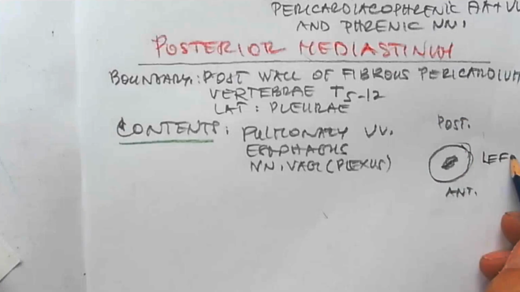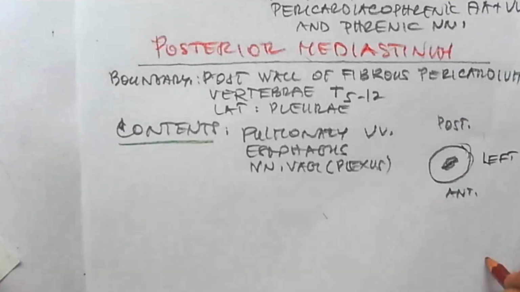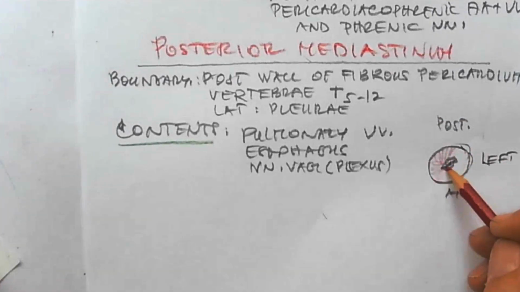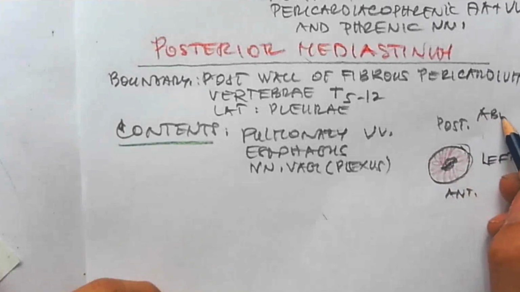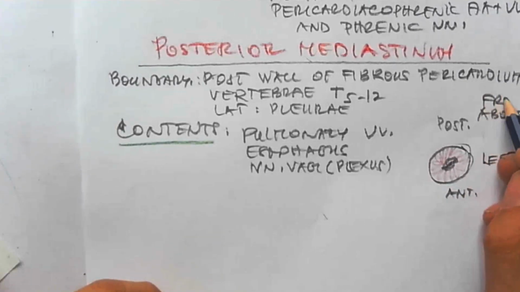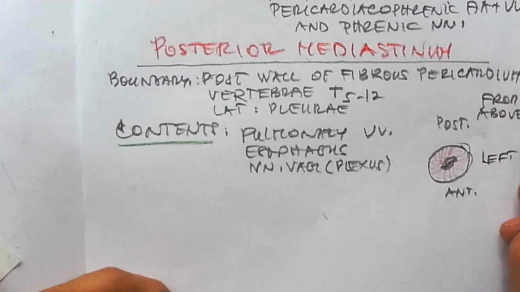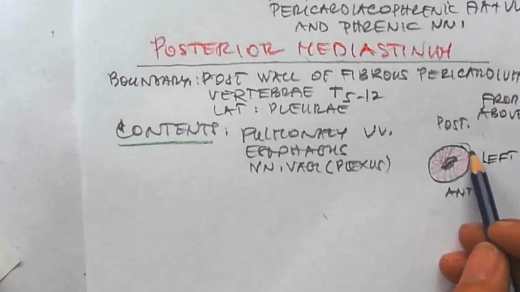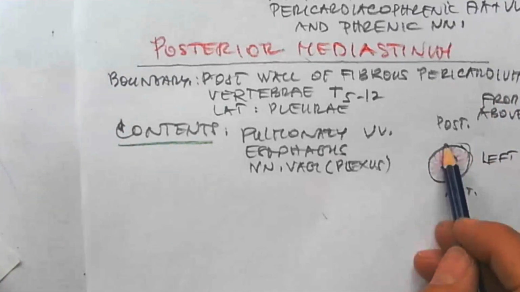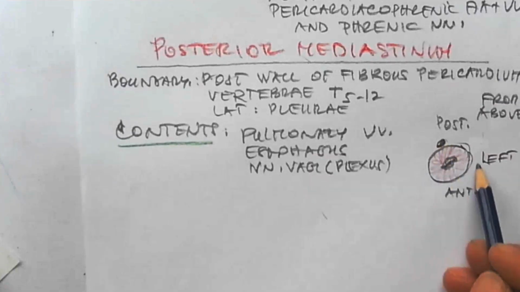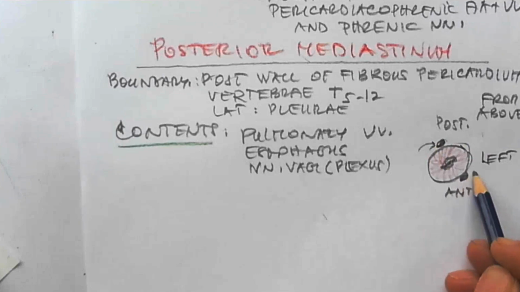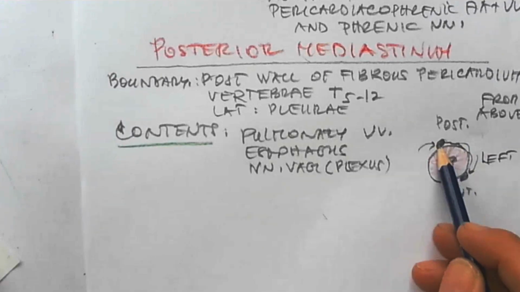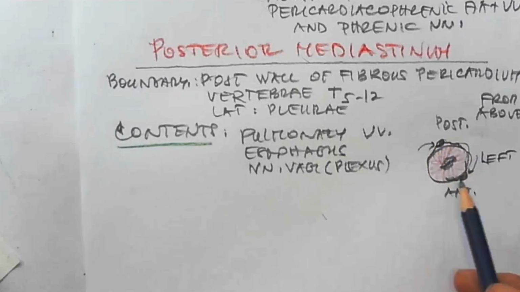So the right vagus goes posteriorly, the left goes anteriorly, and they send branches forming the plexus.